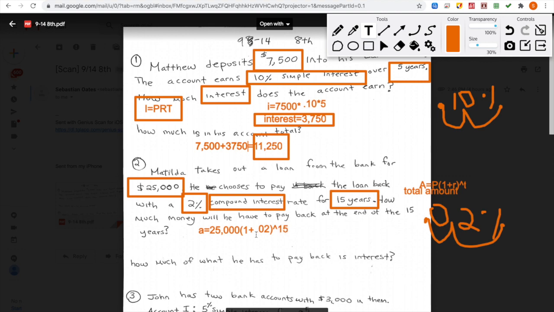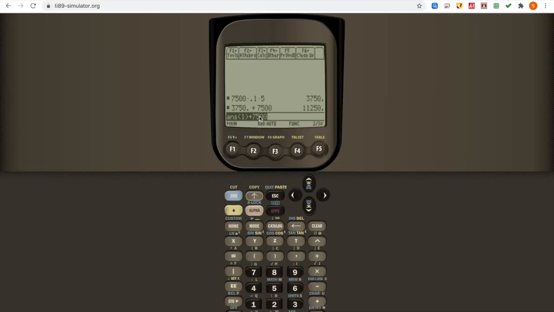And our exponent will be 15 for 15 years. So when we enter this into our calculator, we have 25,000 times 1 plus 0.02 with an exponent of 15.